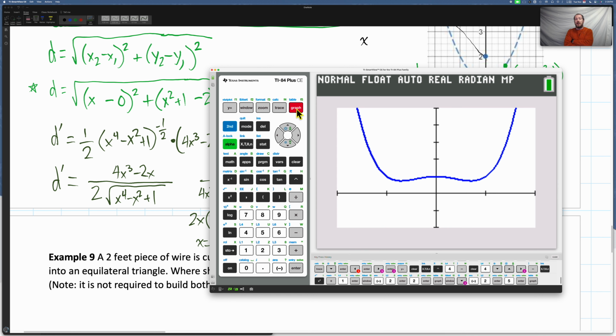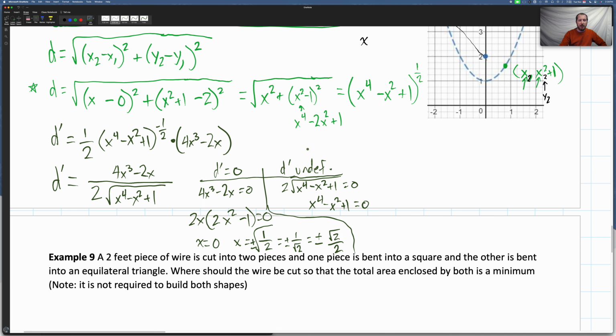So if we zoom in a little bit, yeah, it does not touch the x-axis anywhere. So nowhere is our d prime undefined. But we've got 3 from over here, so we've got our work cut out for us. So sign chart.